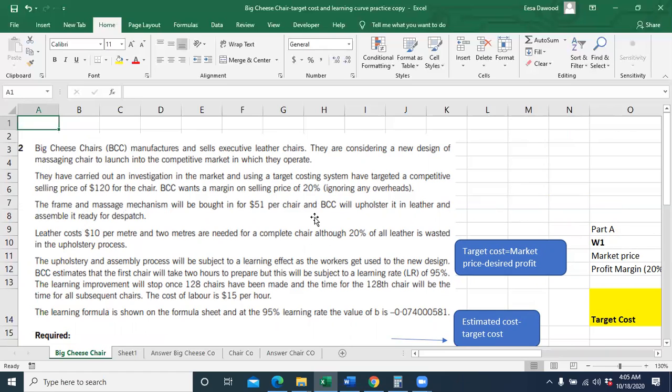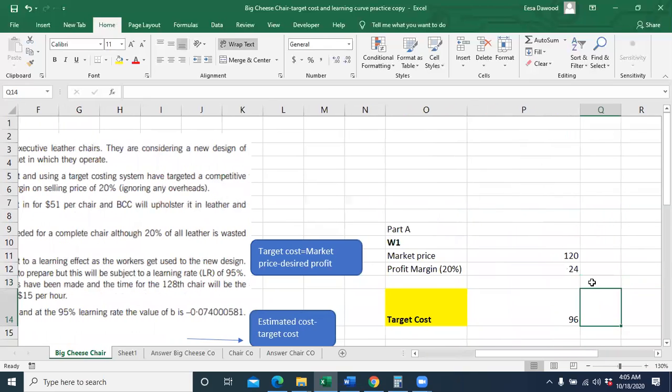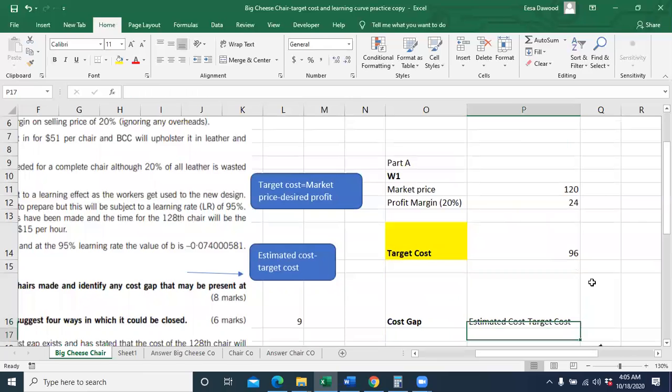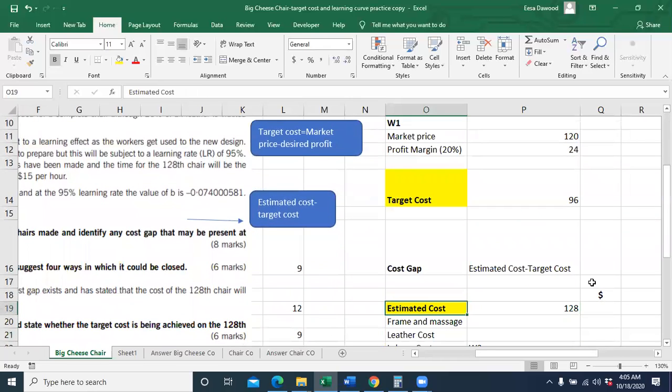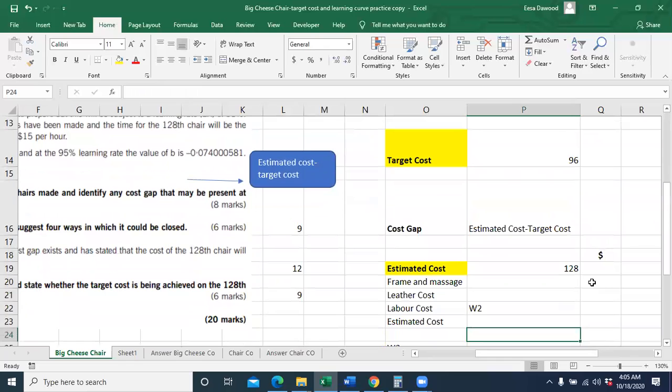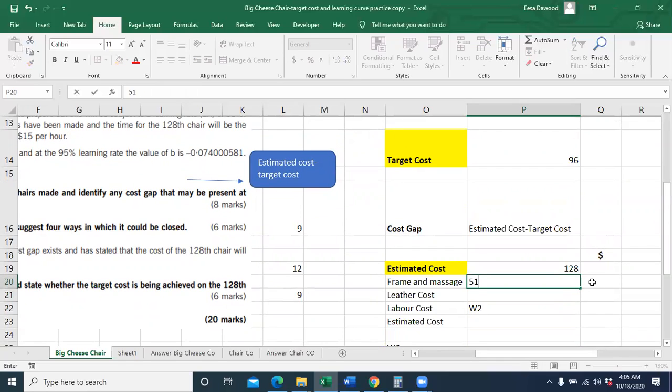Okay, average cost for one when 128 batches are made together, but it's actually a cost for one chair that we actually need to calculate in order to do the cost gap. Since target cost is for one chair, the target cost is 96. And then now we need to see whether there is any cost gap or not. So we need to calculate the estimated cost first. Frame and massage mechanism is for 51, right?